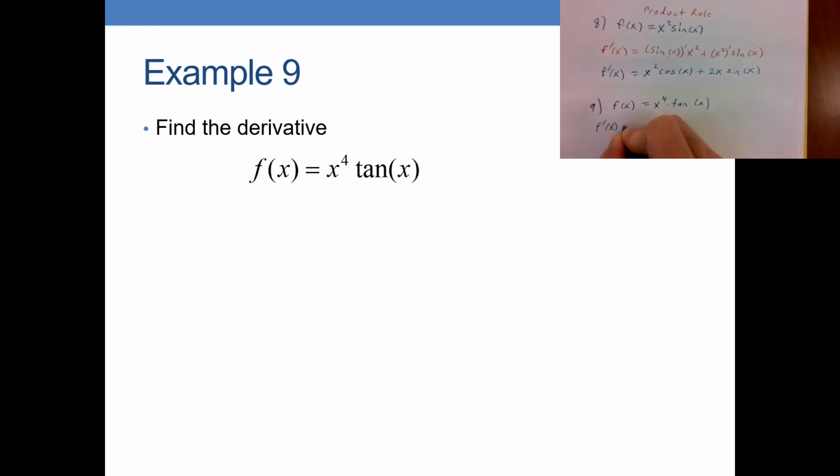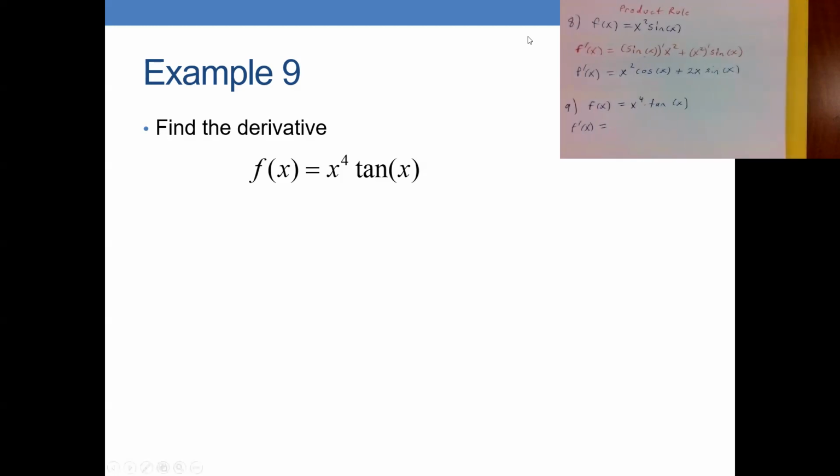You can just send me your answer, and if you need help, just send me that. I'll give you a second to work it. I'll give you a hint. If you haven't memorized this yet, the derivative of tangent x is secant squared x. So that should help.